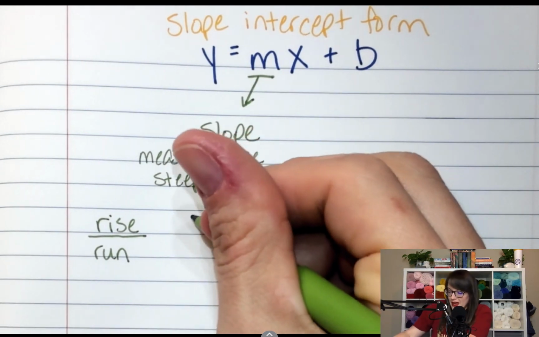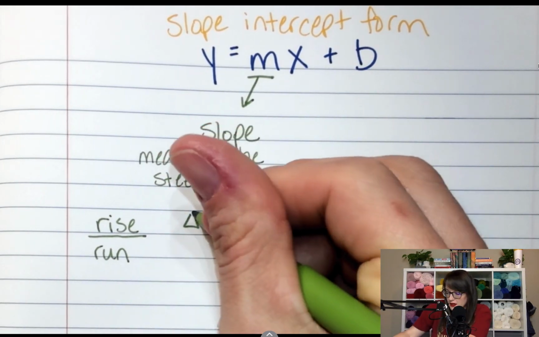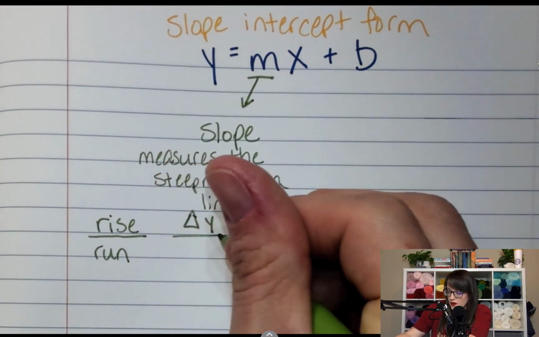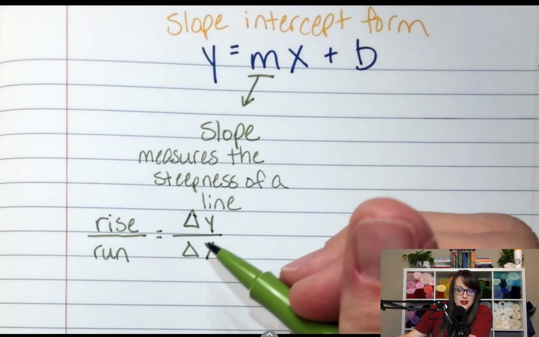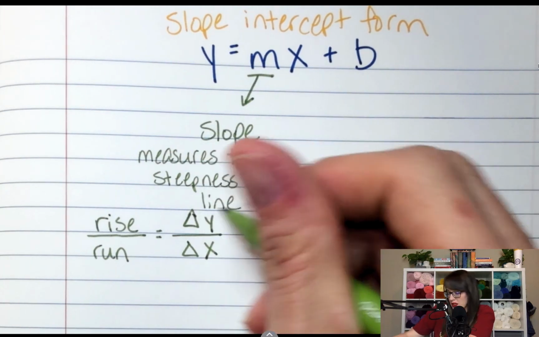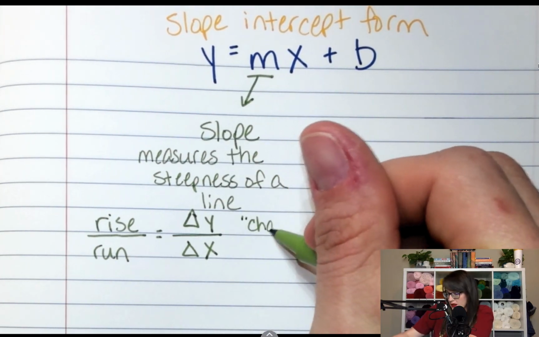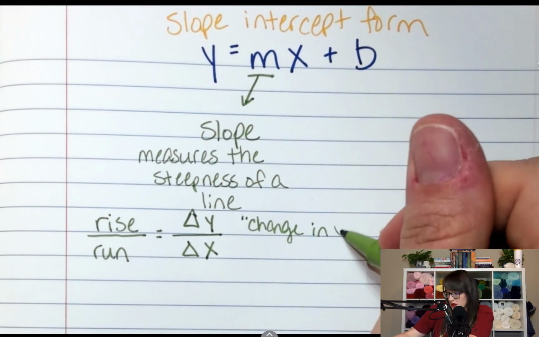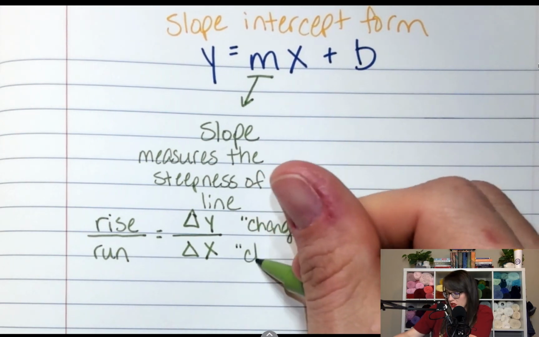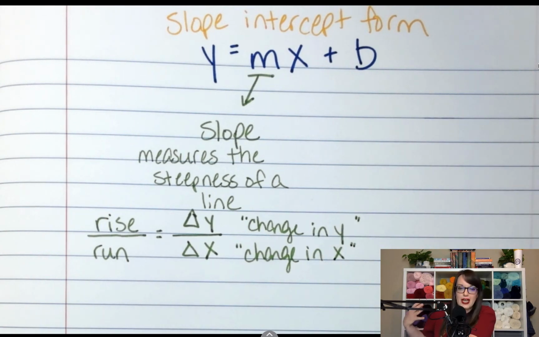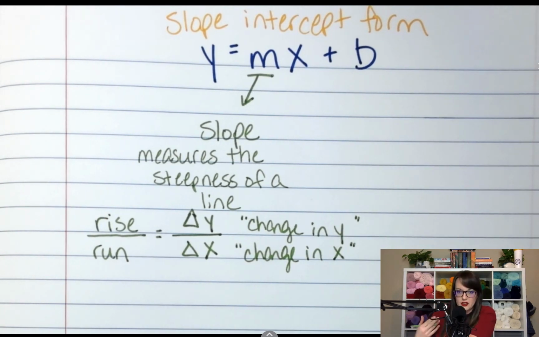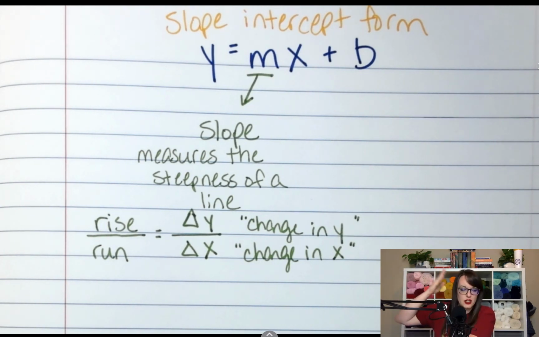And we can write that as delta y, the triangle, over delta x. Now, delta y means the change, so that's change in y over the change in x. And when you calculate the change, you subtract. So we're looking at how much one changes in comparison to the other.